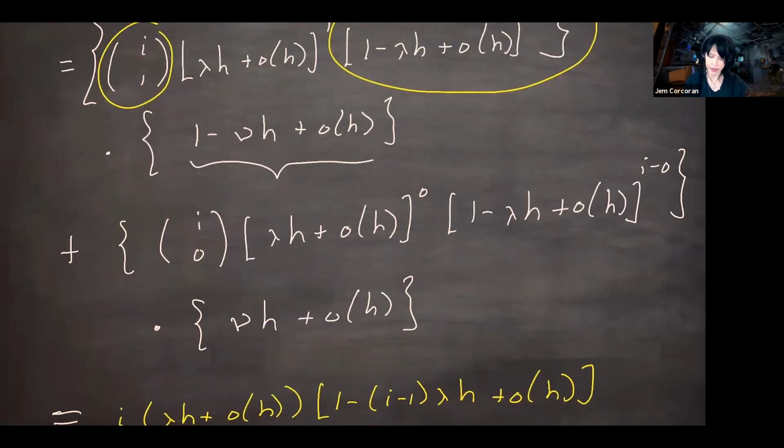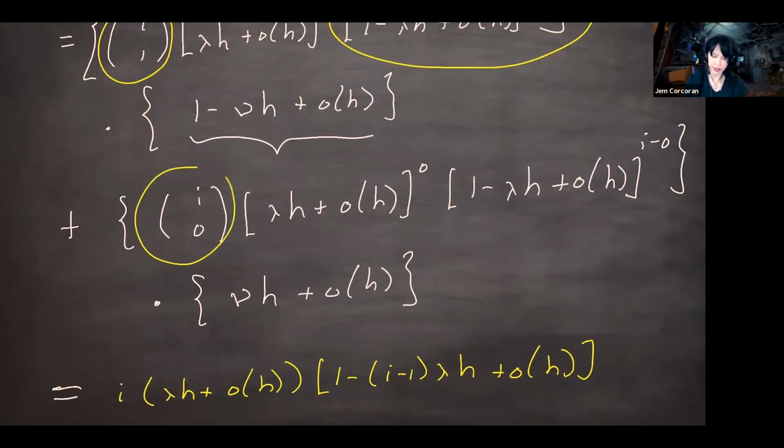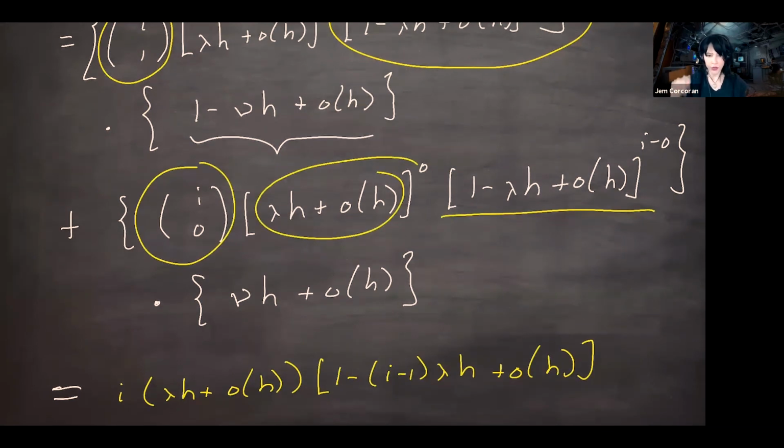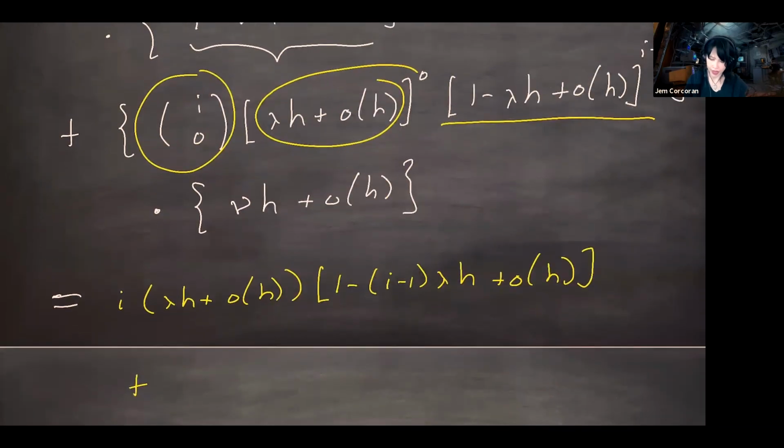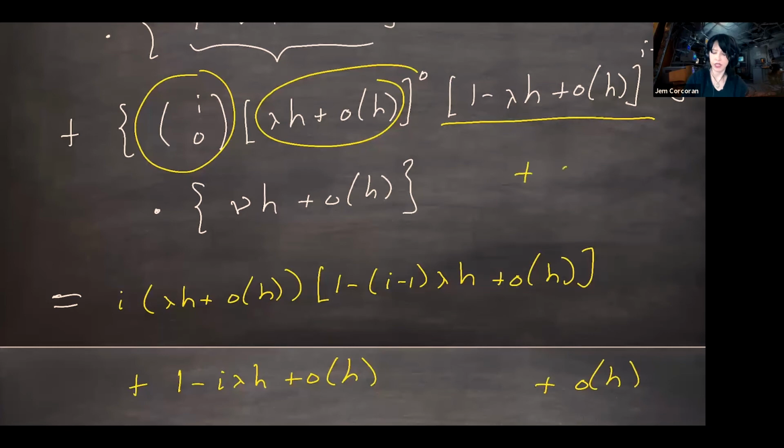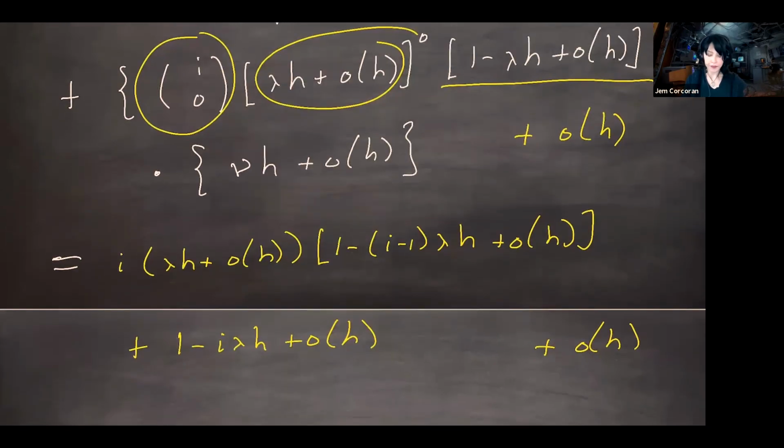Plus, what's going on down here? This is 1, this is 1. So I have this, and using problem 2c on the homework, that is 1 minus I lambda h plus little o of h. And the whole thing has a plus little o of h on the end that I forgot to carry through. So, yep, what are we going to have here?